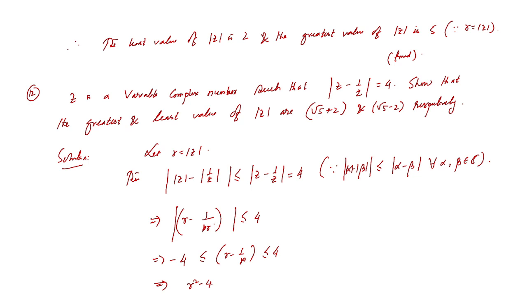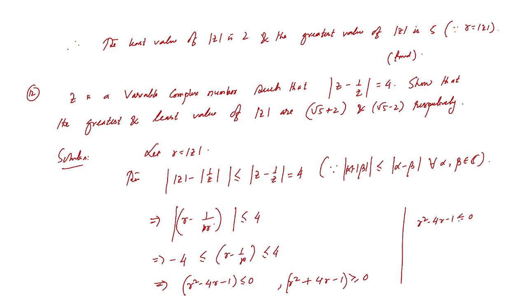And hence we can write r square minus 4r minus 1 is less than or equal to 0, and r square plus 4r minus 1 is greater than or equal to 0. So first solve the equation r square minus 4r minus 1 equals 0.